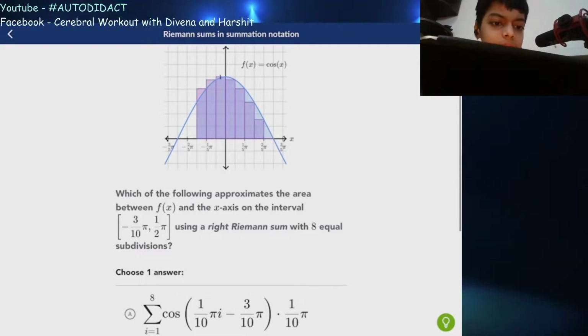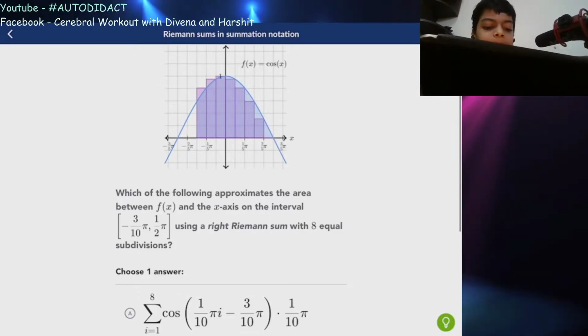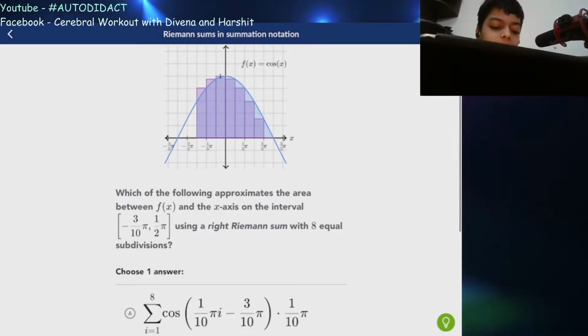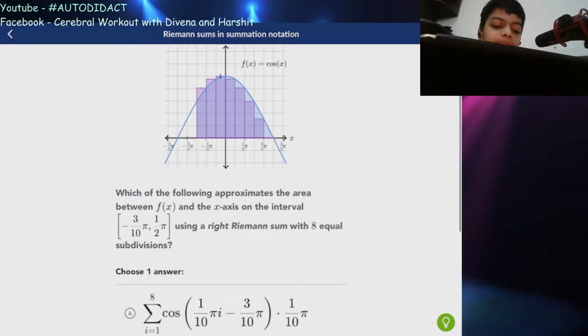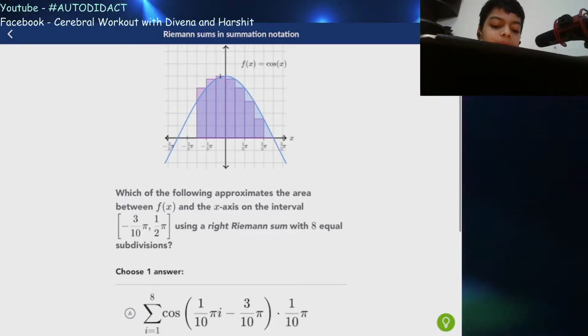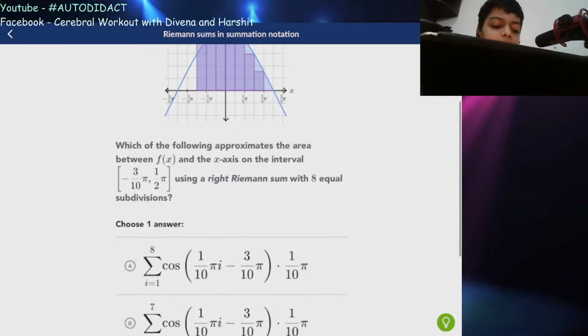Let's check this one. First one, second one, third one. This will be the third rectangle, which has 1 in the answer. So this will be 3/10 pi minus 3/10 pi, which is equal to 0. So 0 times 1/10 pi is also equal to 0, which is impossible.